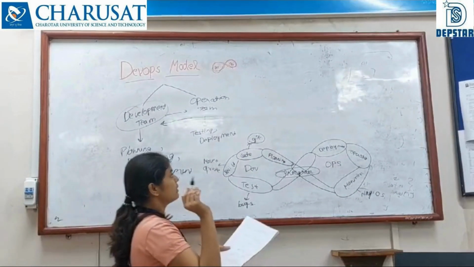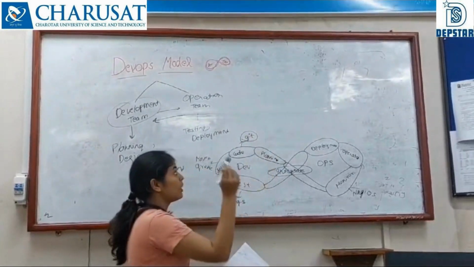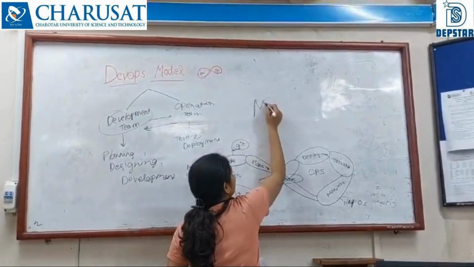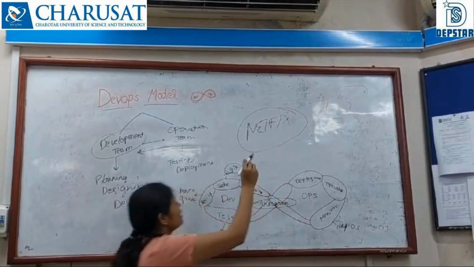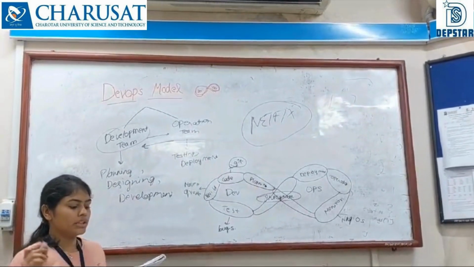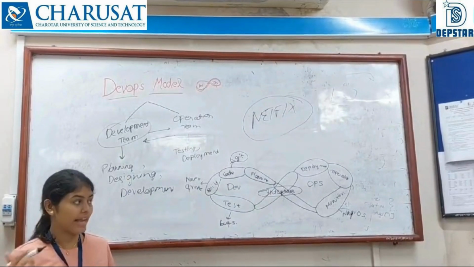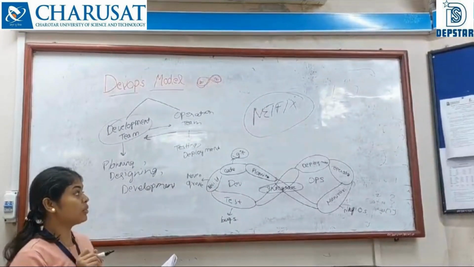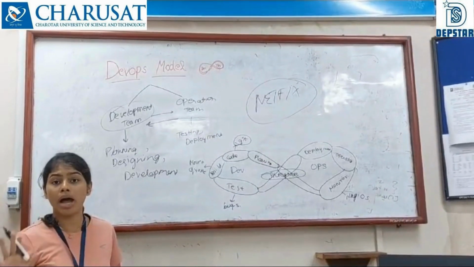Now let me explain by an example. Let us take the example of Netflix. We are all familiar with this. It used the DevOps model heavily for its application. In 2007 it started its online streaming services, and in 2014 the downtime would cost $200 billion, which was too high.